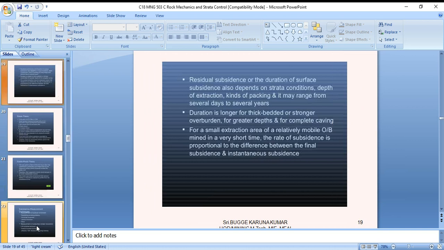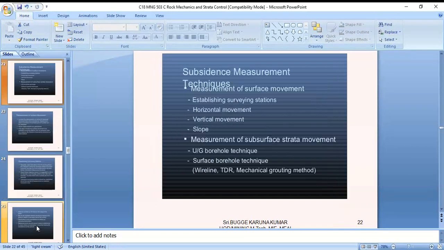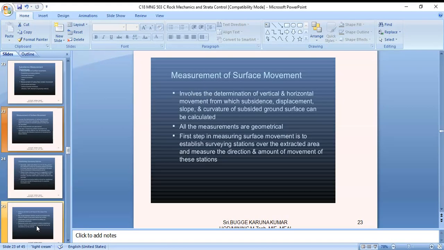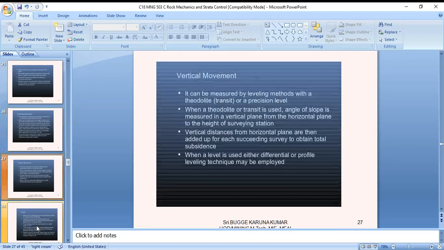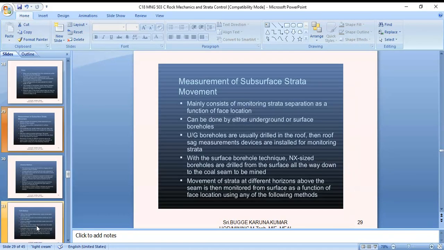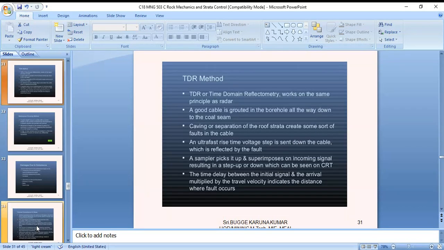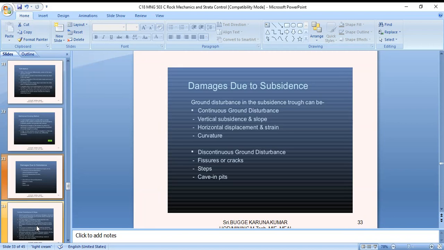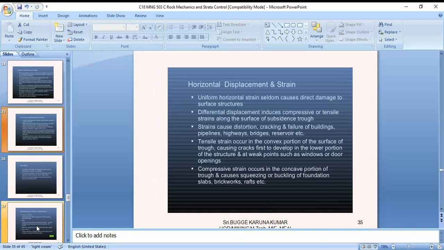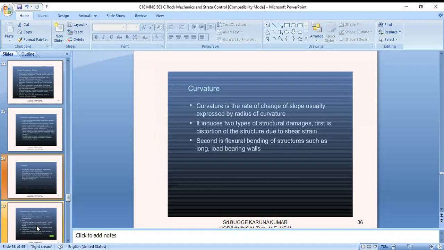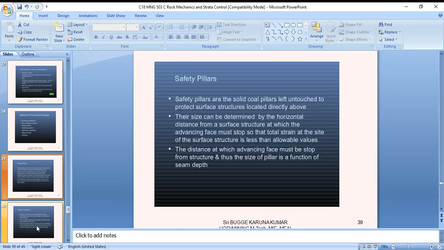Subsidence is a maximum over time, and also elastic theory, subsidence measurement technique, measurement of surface movement, establishing surveying stations, horizontal movement and vertical movement, slope measurement of surface movement, wireline method, TDR method, mechanical grounding method, damage to the surface, vertical subsidence and slope, horizontal displacement, strain, curvature, stability, grounding disturbances, methods of preventing damages.